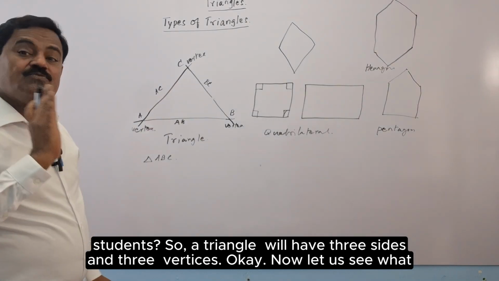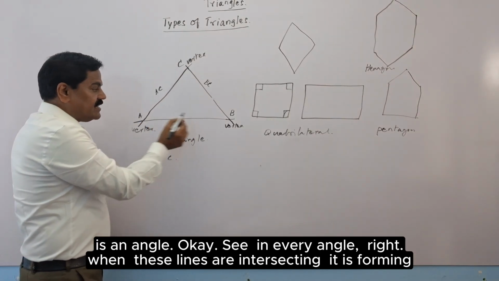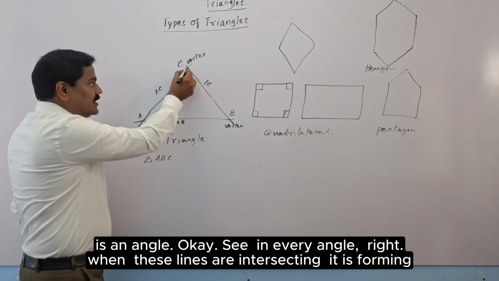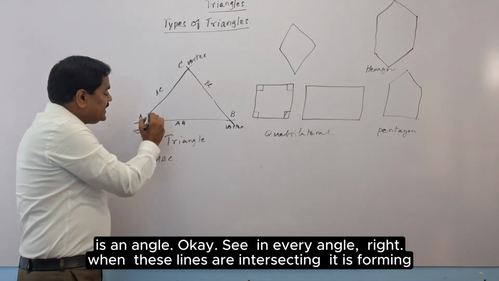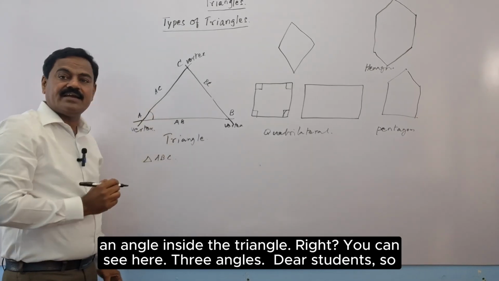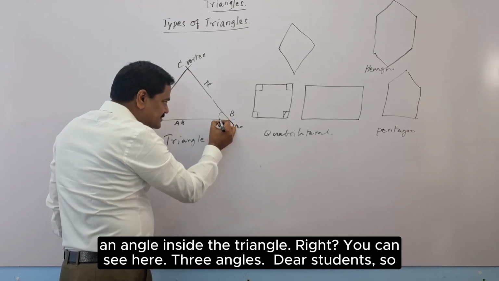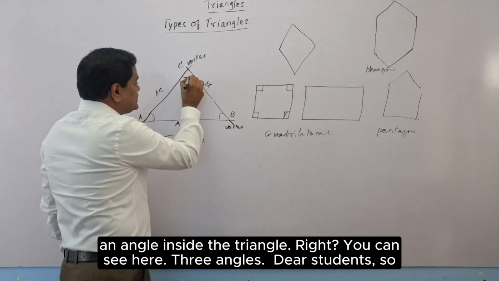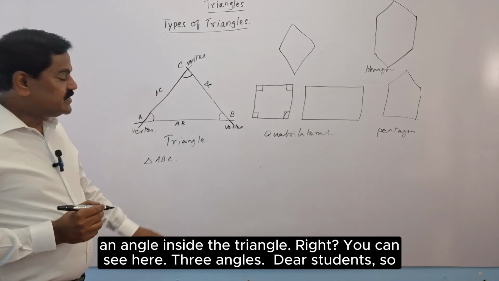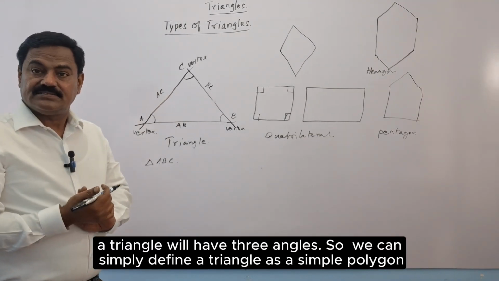Now let us see what an angle is. In every corner, when these lines are intersecting, it forms an angle inside the triangle. You can see here three angles. Clear, students? So a triangle will have three angles.